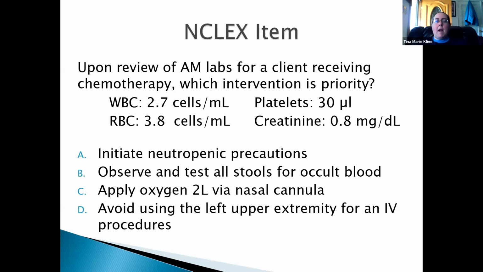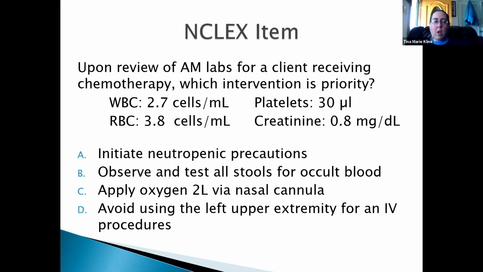Okay. My red blood cells, 3.8. Well, we like it to be in the mid to high 4s. So it's down, but is it critically down? In general, your hemoglobin is usually going to be 3 times your red count, and your hematocrit is going to be 3 times your hemoglobin count.